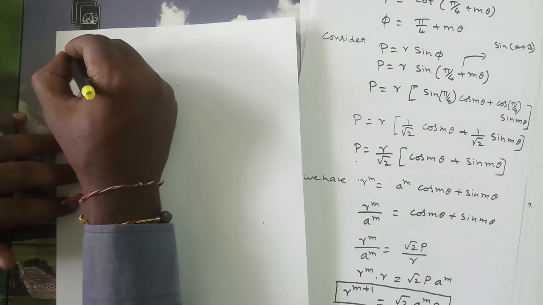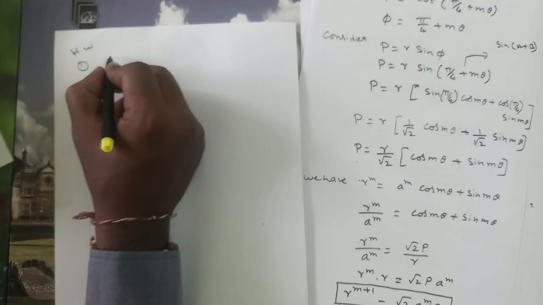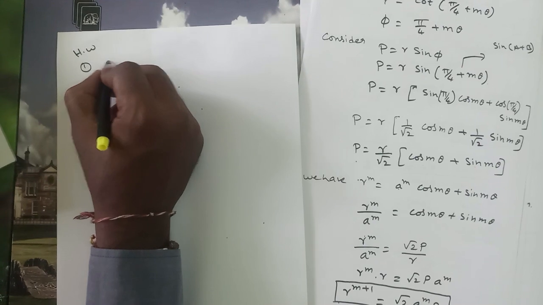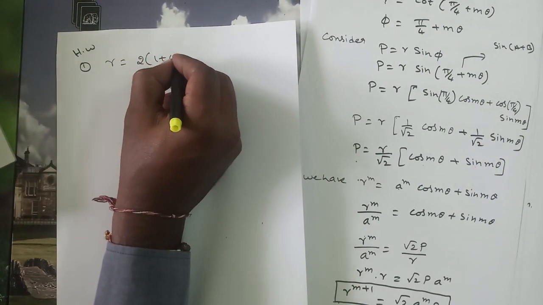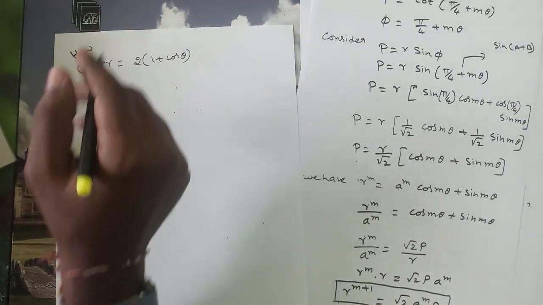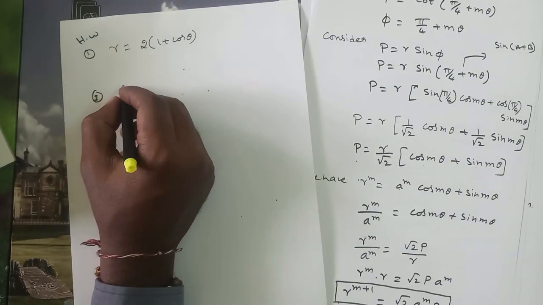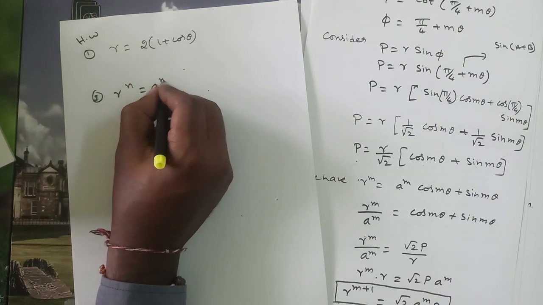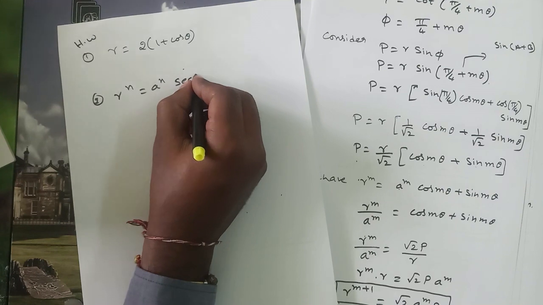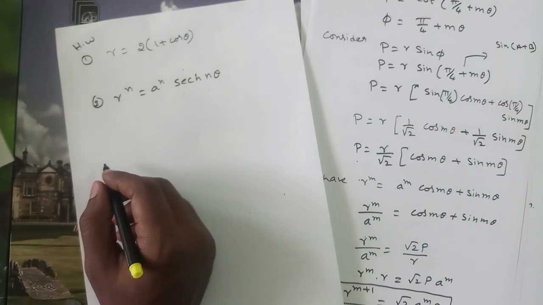So take on the homework problems. r equals 2 into 1 plus cos theta, and second one, r to the power of n equals a to the power of n into sech hyperbolic n theta.